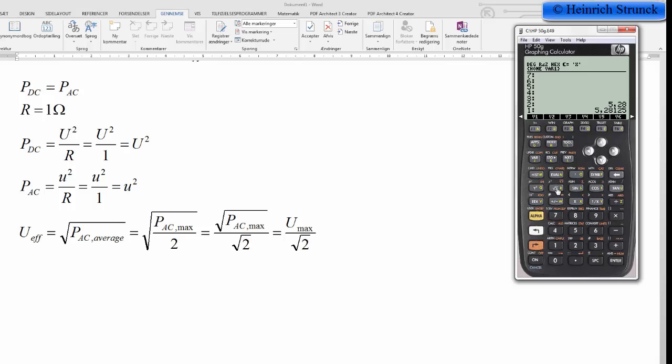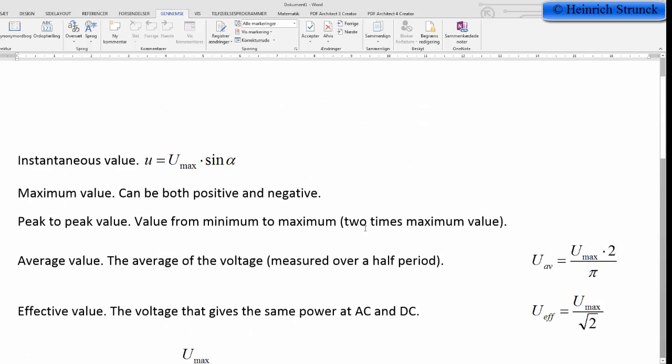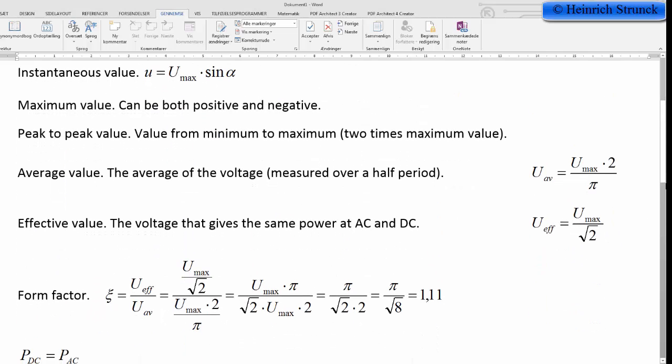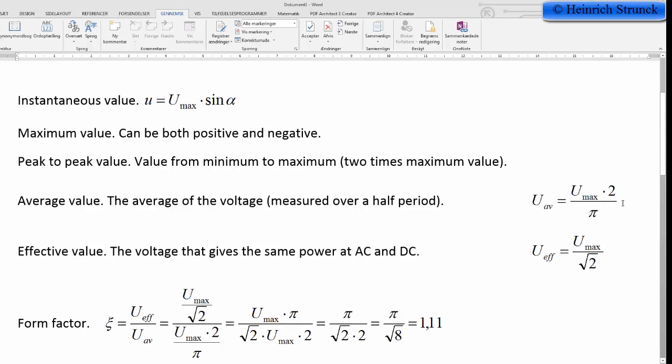We take the square root of 5.28 and we get 2.298, and we remember that we divided the voltage by 100 in the beginning, so here we actually got 229.8 volts, and that is very near 230 volts. So it seems that the formula for the effective voltage is correct, that it must be the maximum voltage divided by the square root of 2.